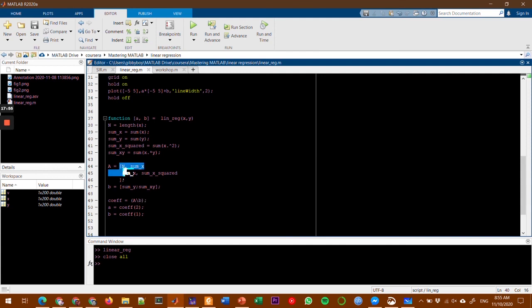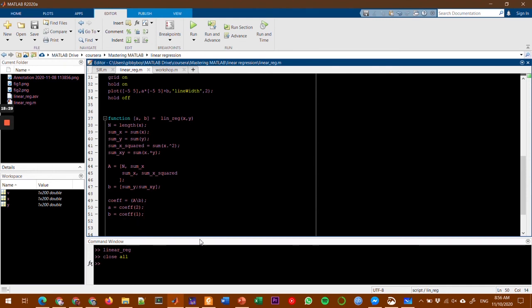I declared in this program the matrix value for A and also for the matrix value for B. Okay? Now just have to solve for it. Now you look for the coefficient by invoking this command or this operator. In that case, I'll be able to get the coefficients A and B. For my case here in this program, the coefficient A corresponds to the slope, and the coefficient B corresponds to the y-intercept.